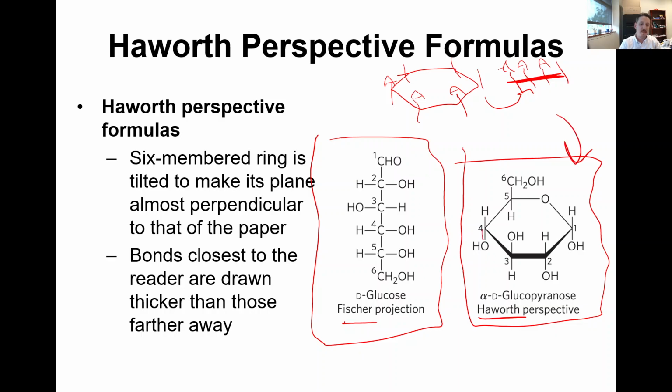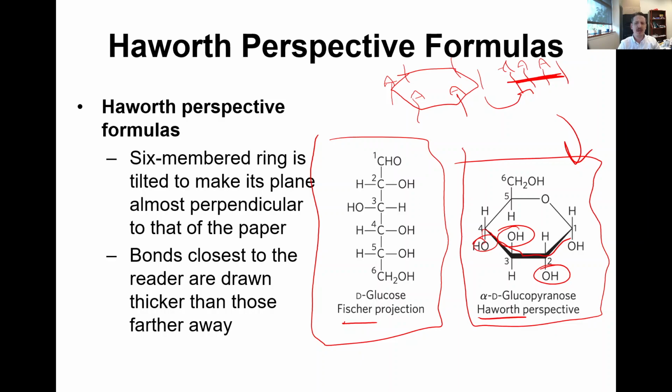It's saying, hey, imagine this thicker side is the one that's twisted towards you, and thus in the orientation, this OH is going to be above, and these two OHs are going to be below. And so if it was to drop down into a receptor, these two OHs would be the ones that drop down and touch into the receptor, whereas the OH above is going to be kind of above it.